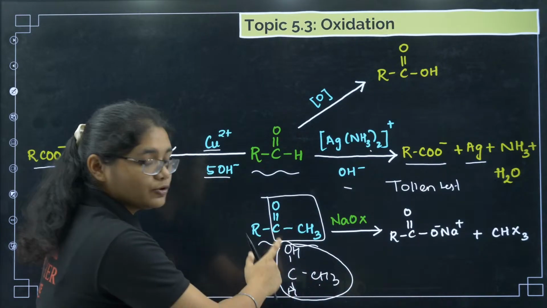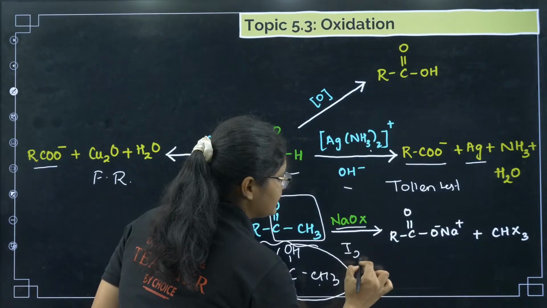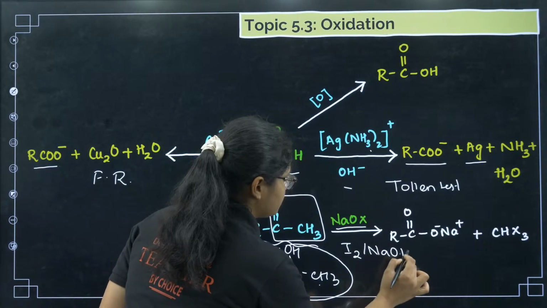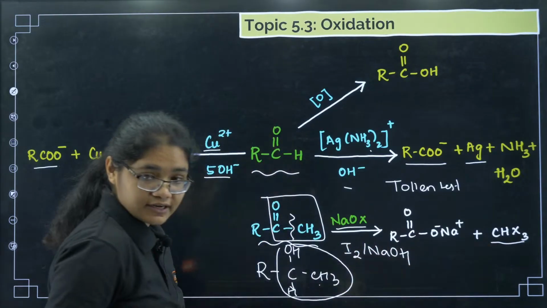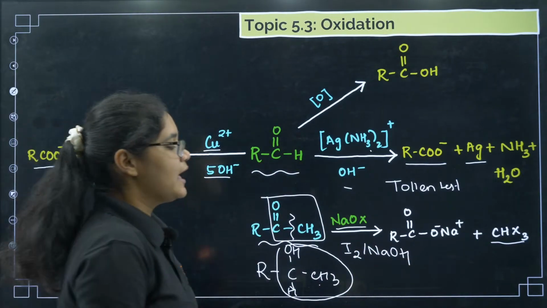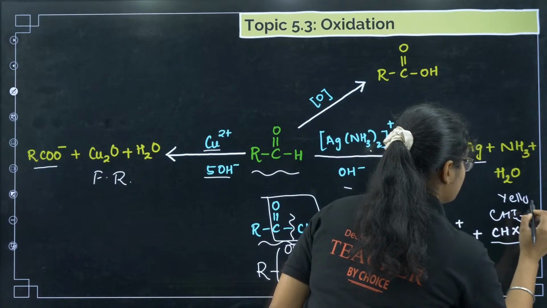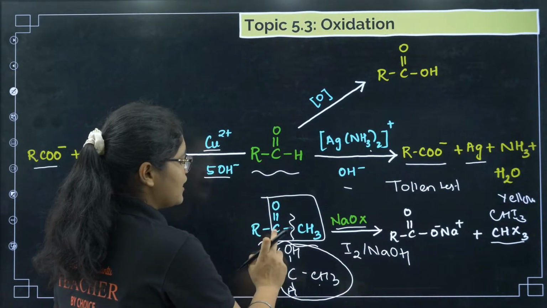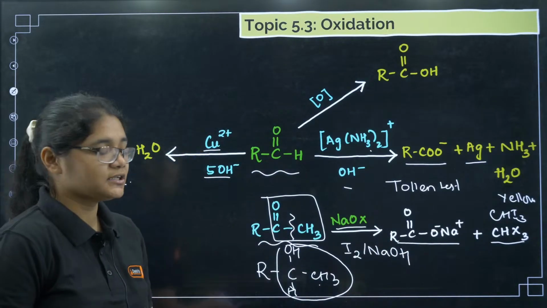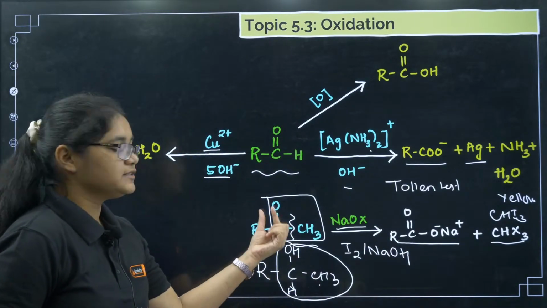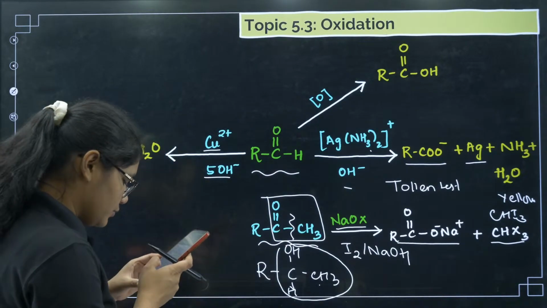If either of these groups is present, then if you treat it with I2 and NaOH, this bond will break, this one will get converted to CHX3, and generally we take iodine here and we get CHI3, which is a yellow precipitate. The rest, that is RC=O, gets converted to the acid. So this is a very important reaction. Wherever we have this CH3CO group, I will get the haloform.